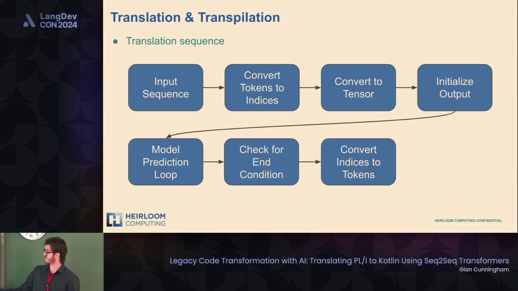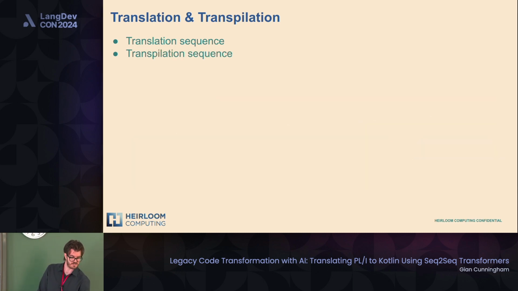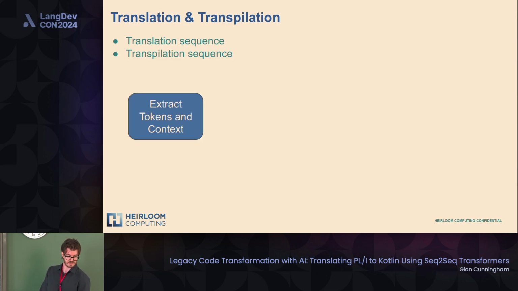We then convert the indices of our output back to tokens, and we have our final translation. I then defined a transpilation function where we extract the input tokens and their context, the input tokens now being Kotlin tokens.